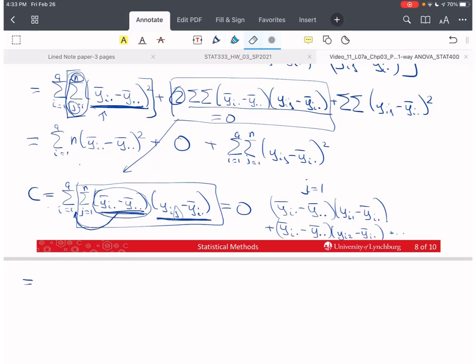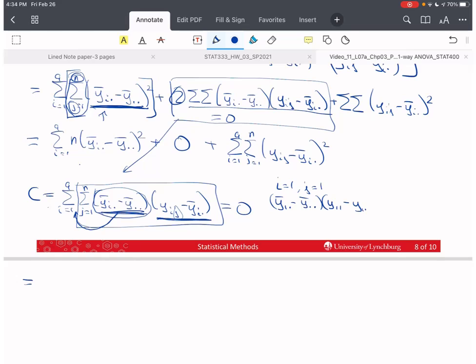And if we did this, let's do this for i equals 1, because it doesn't matter, they'll be different. So i equals 1, and then j equals 1, and so we'll have y1 dot bar minus y dot bar times y11 minus y1 dot bar. That's for that one. And then plus, this will be for i equals 1 and j equals 2. So we'll have y1 dot bar minus y dot bar times y12 minus y1 dot bar. j just went to 2, i stayed the same.